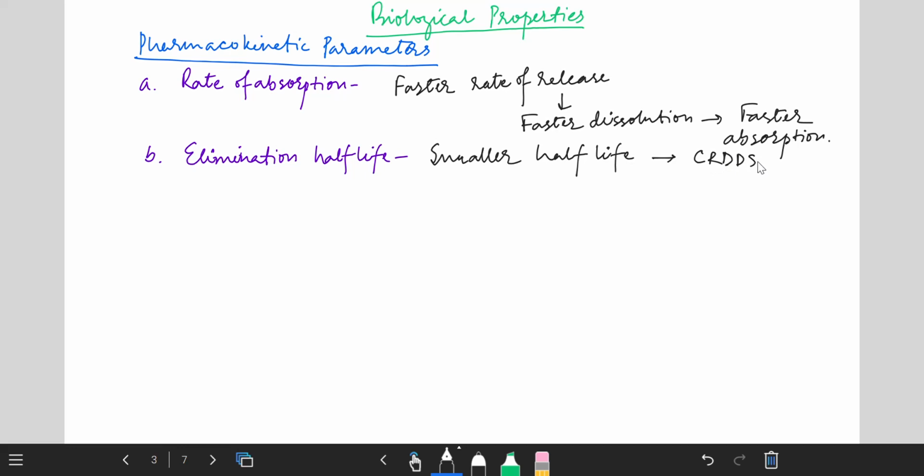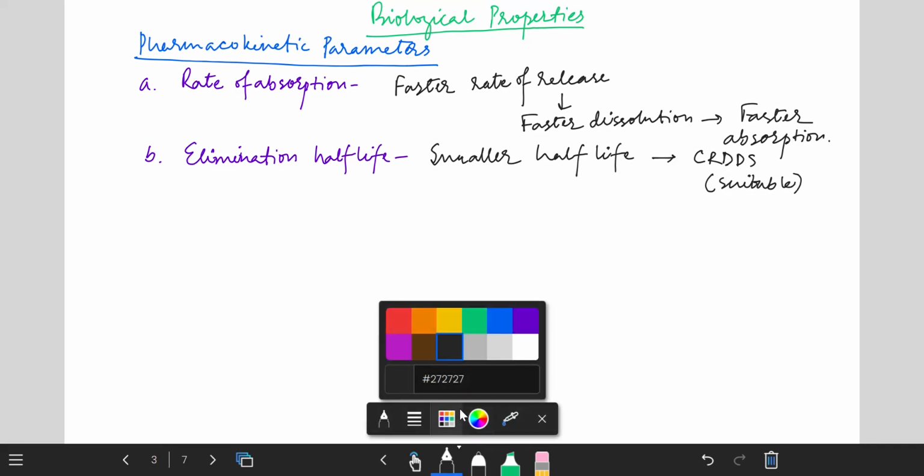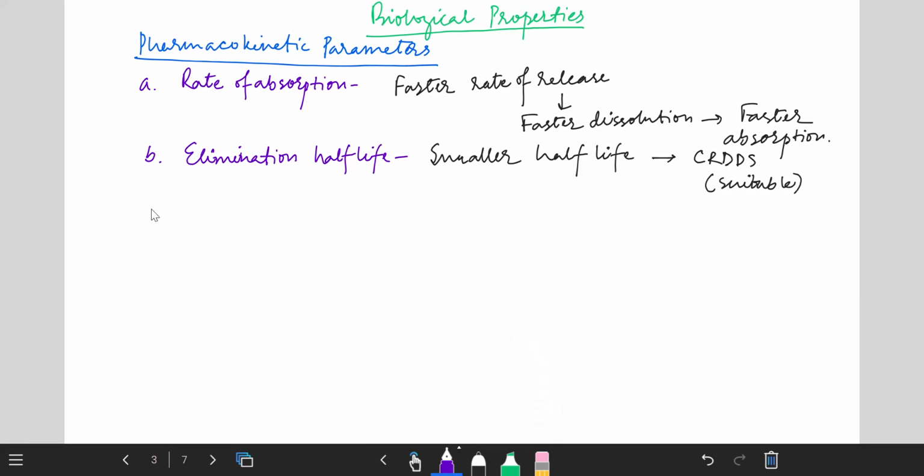Now, the next one is metabolism rate, or how much time a drug takes to get metabolized, or the rate of metabolism.